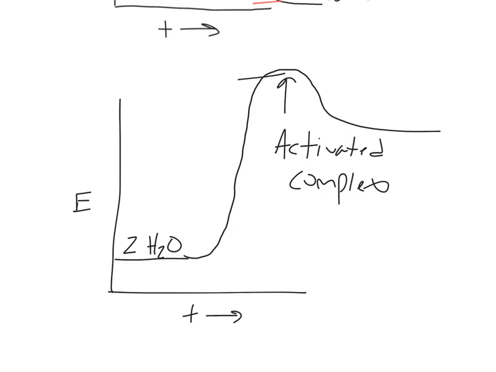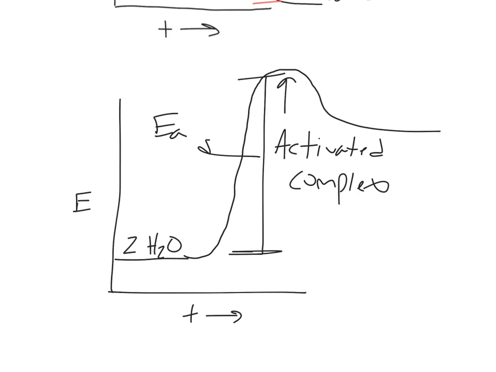Now this whole energy from the reactants all the way to the top is the activation energy. It's the energy needed to make a reaction proceed. I didn't mention that before, but that's the definition. It's the energy required for a reaction to trigger the activated complex and then proceed spontaneously to products.